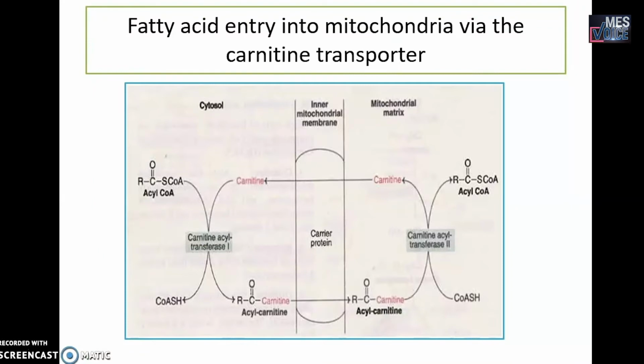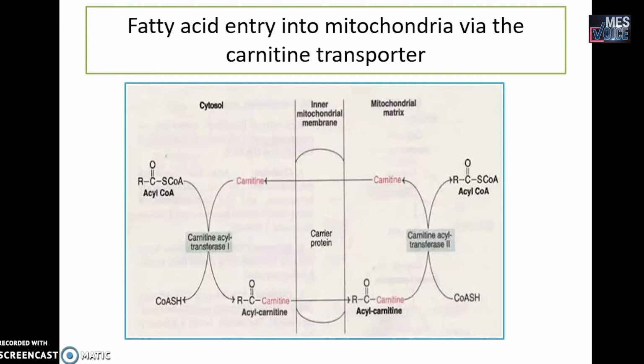This is a diagrammatic representation of the carnitine shuttle. So fatty acid enters into mitochondria via the carnitine transporter. In the diagram, cytosol, inner mitochondrial membrane and mitochondrial matrix are shown. In the cytosol, at first, acyl-CoA combines with carnitine by the enzyme carnitine acyl transferase 1 and forms acyl-carnitine, and coenzyme A is released to the cytosol.